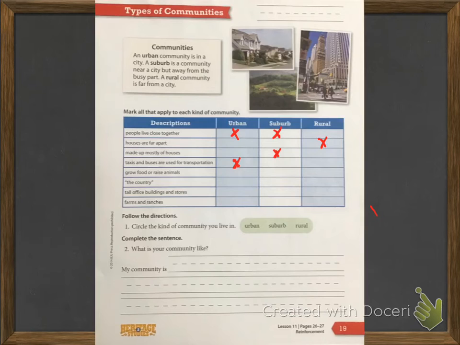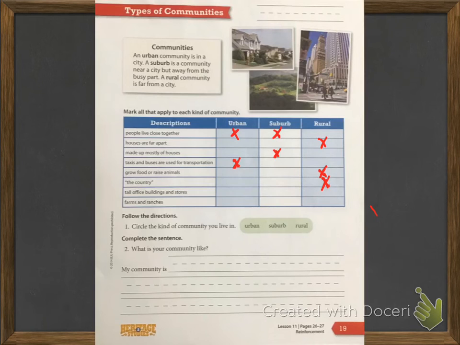Rural, yes, rural. So we're going to put an X in that one. All right, and what's referred to as the country? No, it's the one where you're farming. Rural, yes, rural again. So we're going to put an X in that one.